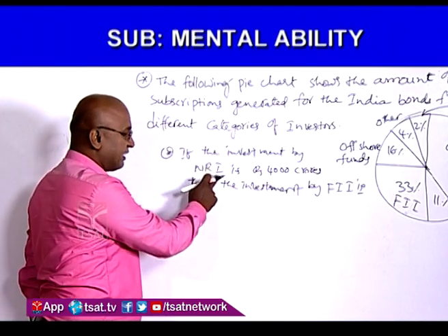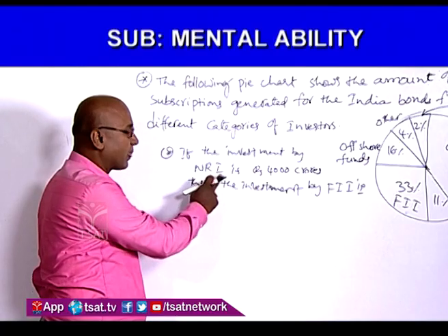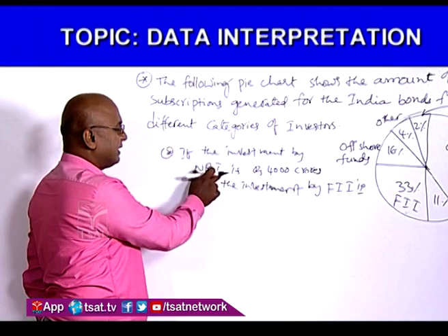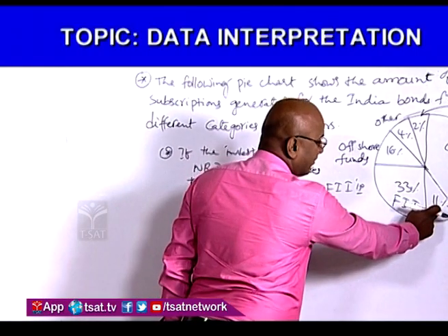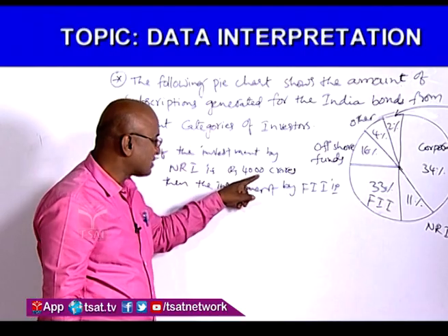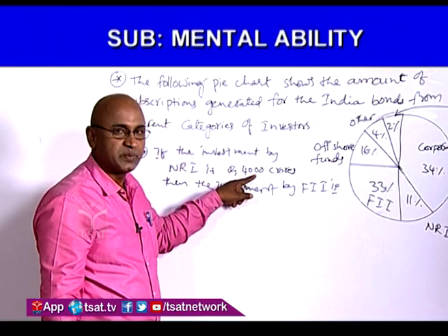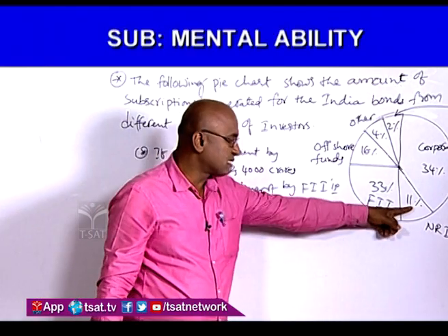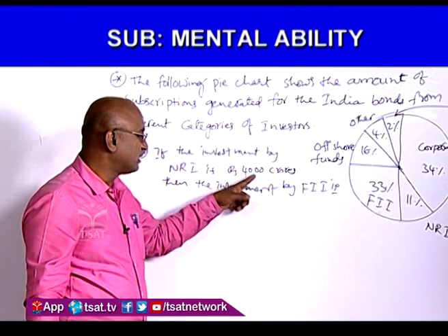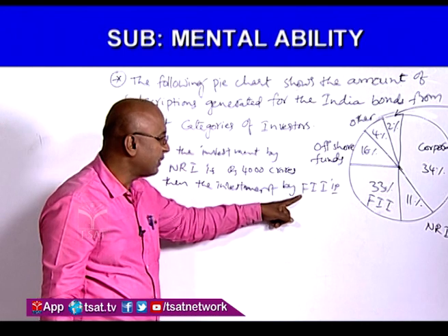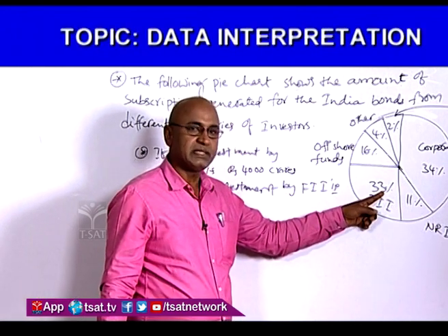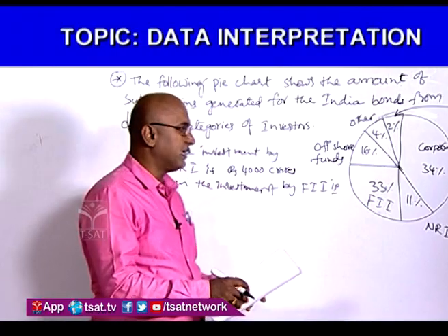The NRI share has been given in the form of percentages, and that percentage corresponds to this 4,000 crores rupees value. So NRI's contribution is 11%. If 11% is 4,000 crores, then the investment by FII's share is 33%.